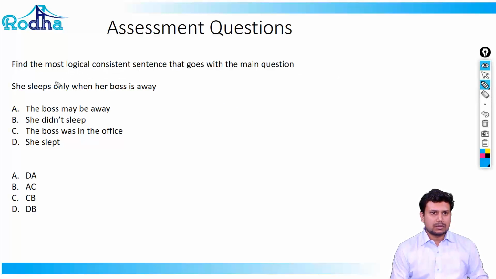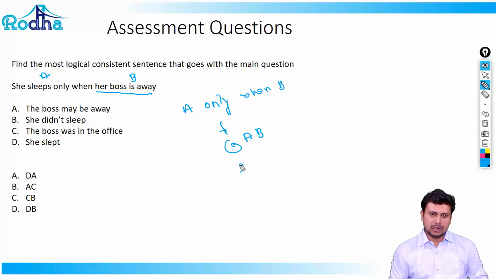Now the next question talks about she sleeps only when her boss is away. Now this again is in the form of A only when B, where her boss is away is B and her sleeping is A. Now in these cases again I know the answers. I know either it has to be an AB as my first priority or it will be a B bar A bar. So let me check this first.